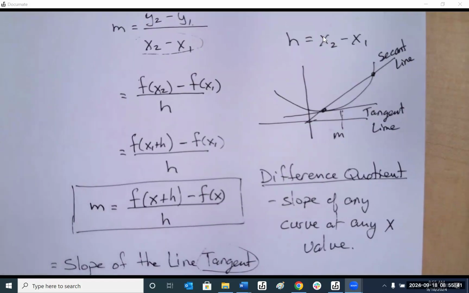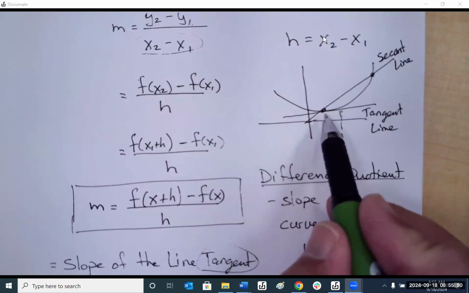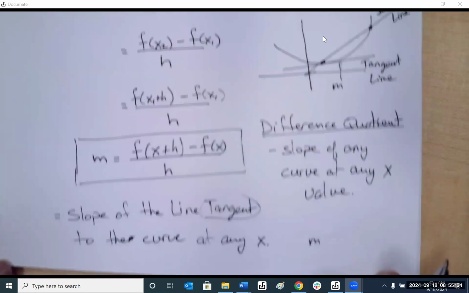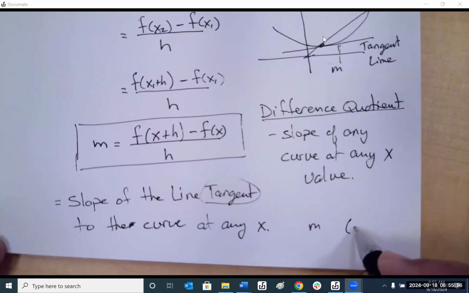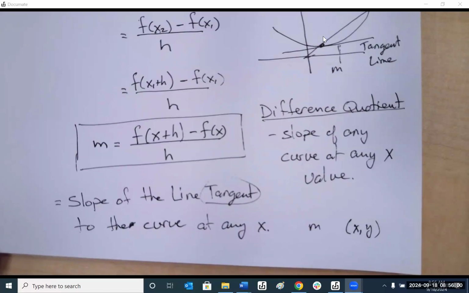But now think about it. Since we found the slope of the line tangent to the curve at 1 point, now we have a slope and we have the point in which it touches. So what can we do with that? We have the slope and a point.